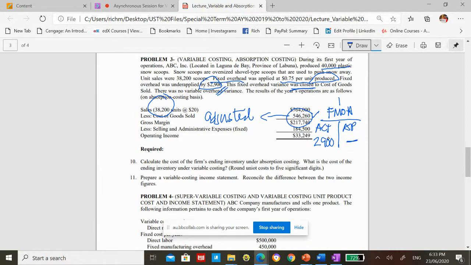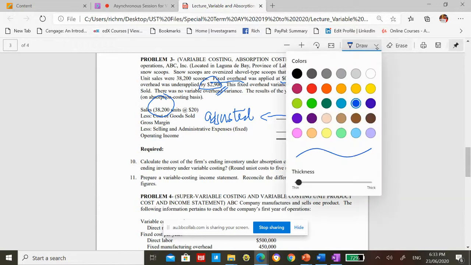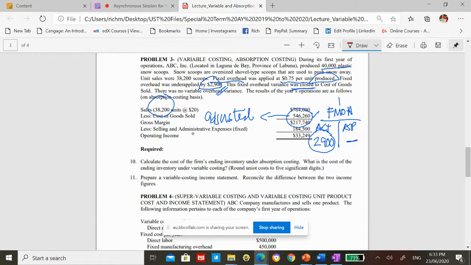So ibig sabihin yung actual, mas mataas kaysa nun sa applied ng 2,900. So para ma-zero itong 2,900 na yan, ang gagawin natin is magde-debit tayo, ang journal entry natin will include debit to cost of goods sold. This is 2,900.